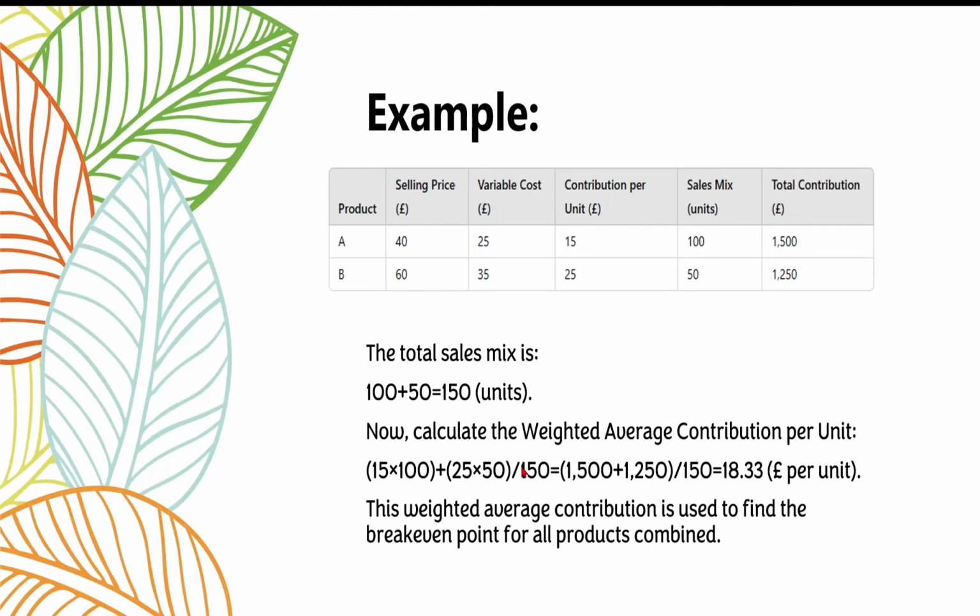Then we divide it by the total units for both of the products. In our case, it is 150, right? So this will give us the weighted average contribution per unit of 18.33. This weighted average contribution is used to find the break-even point for all the products combined.